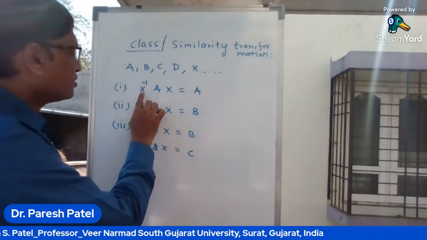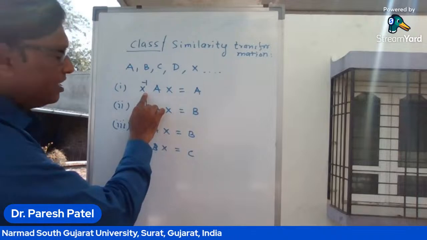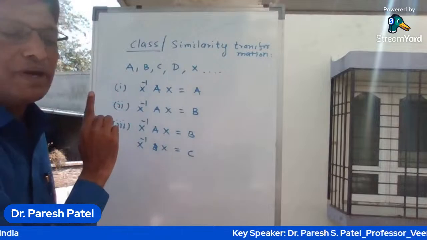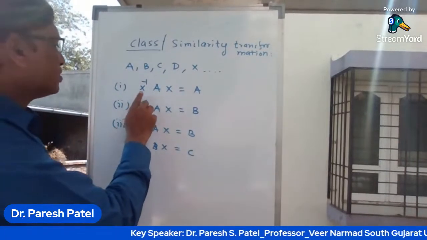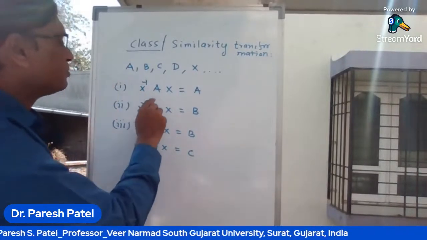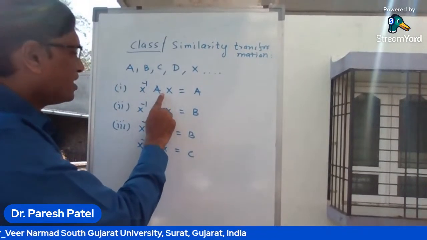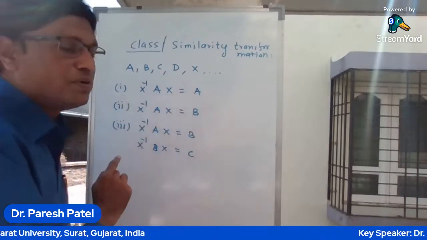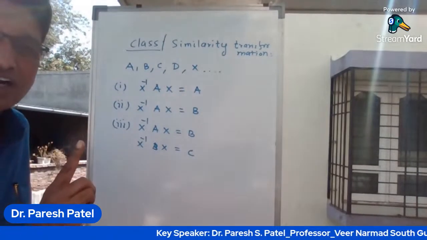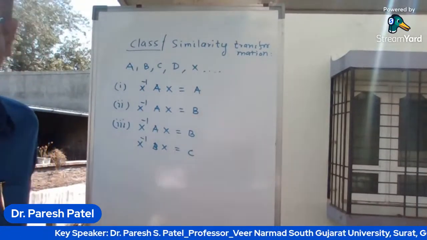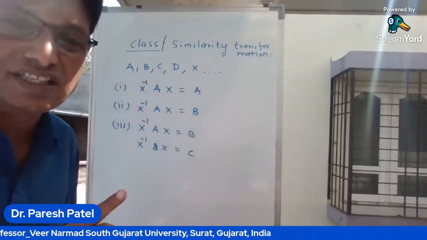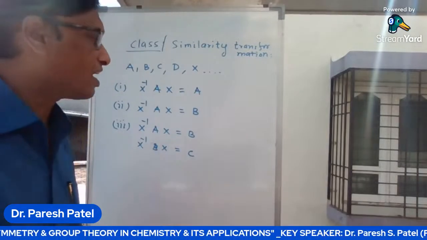It means X inverse A X, where X inverse is the inverse symmetry operation of X, and X is a symmetry element of the group. The combination of X inverse, A and X gives the answer A. It means A is conjugate to A itself to form an individual class. So dear students, remember that if X inverse A X is equal to A, it means A is conjugate to A itself to form an individual class.